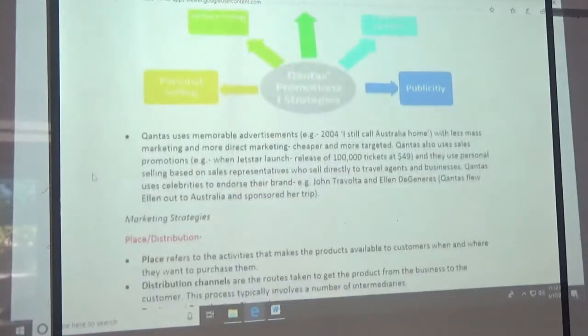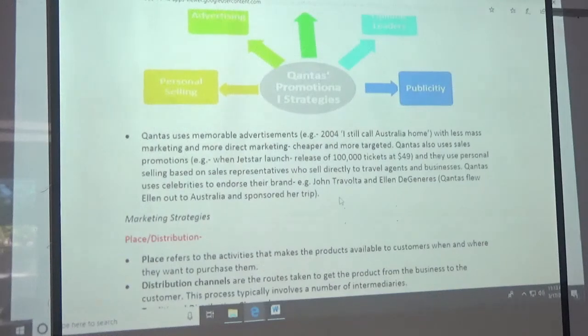Qantas Airlines uses memorable advertisements, 2004. I still call Australia home, even though I travel. With less mass marketing and more direct marketing, cheaper and more targeted, Qantas Airlines also used sales promotion. So when they started with Jetstar, this happens with Vietjet now, they had 100,000 tickets at really cheap prices, like $49 at this point.